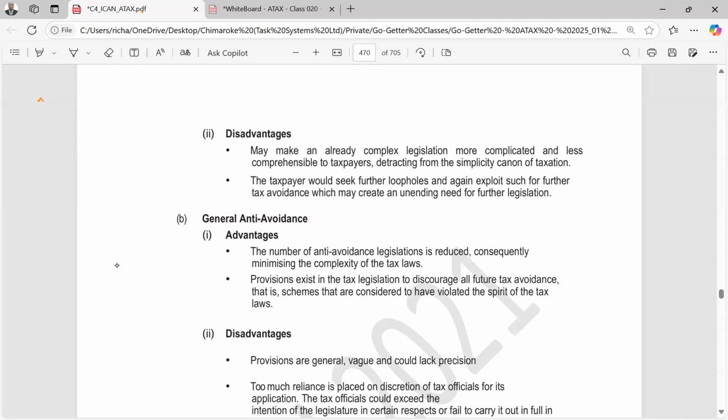It reduces the need for you to provide legislation for every item. Secondly, provisions exist in the tax legislation to discourage all future tax avoidance. As you are making those provisions, you are also making a provision to mitigate or forestall future tax avoidance and to discourage them.